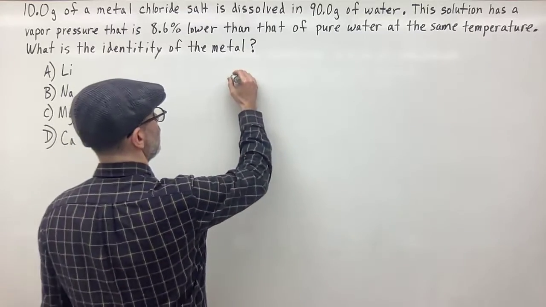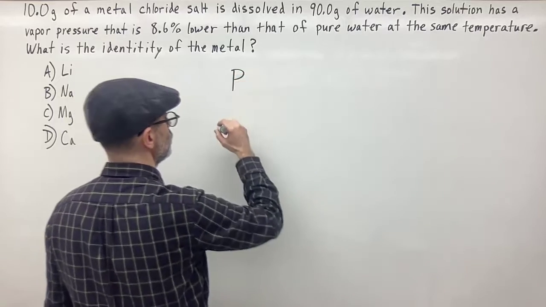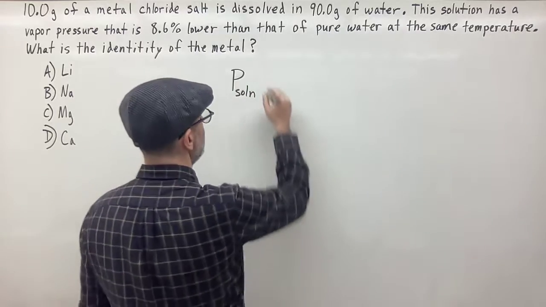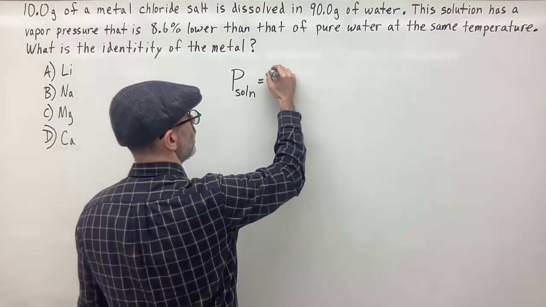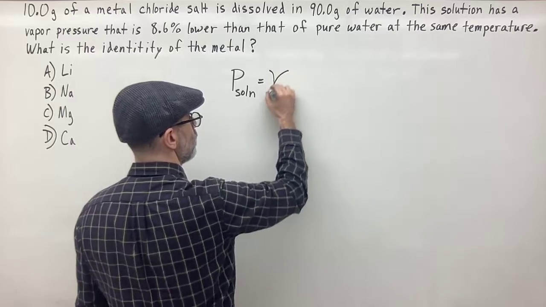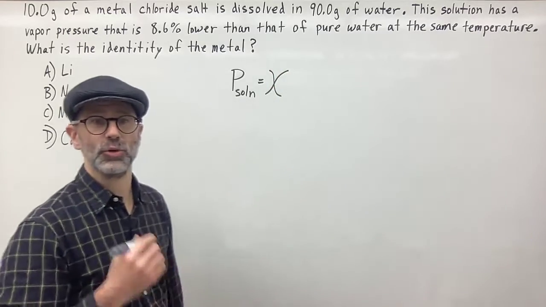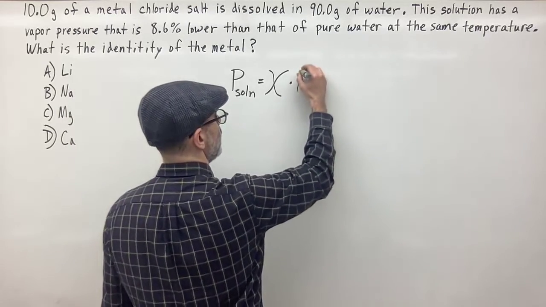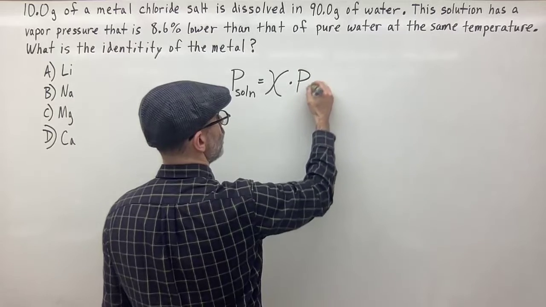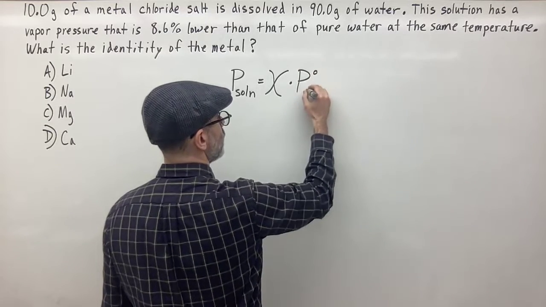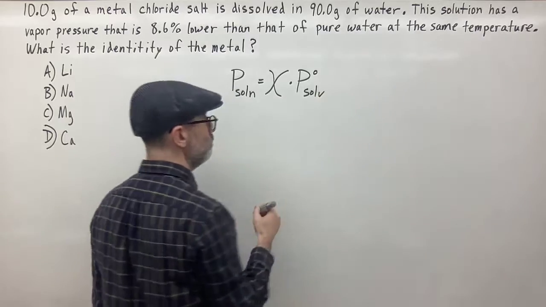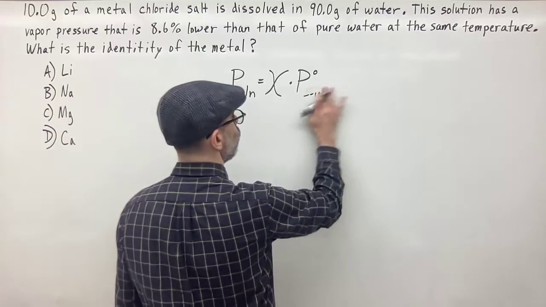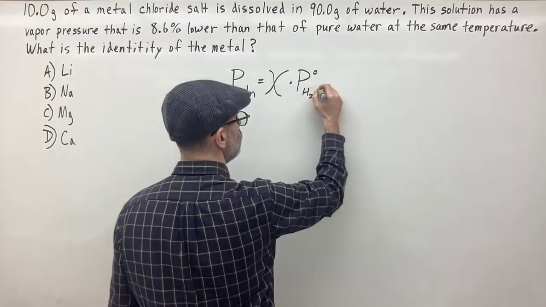So we know that the partial pressure or the vapor pressure of the solution is going to be equal to the mole fraction, which is represented by the Greek letter chi, multiplied by the partial pressure of the solvent. In this case, the solvent is water, so we can put H2O here.